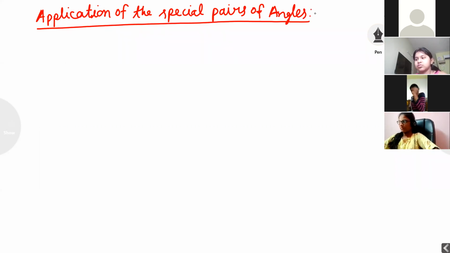Application of the special pair of angles. Example first.